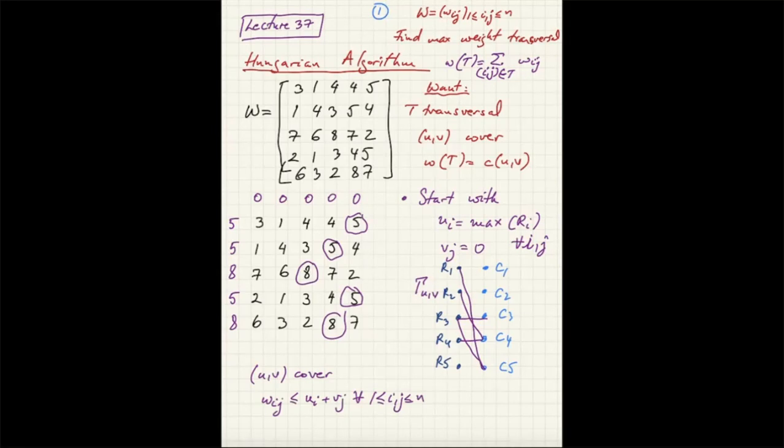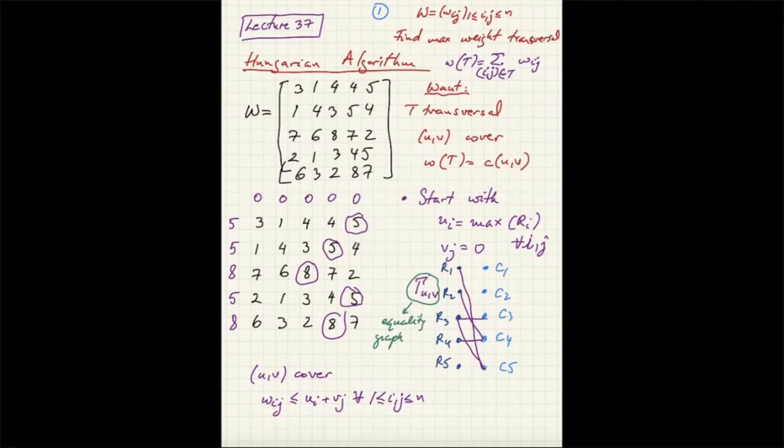Then we look at those entries where we actually have equality, and we form what is called the equality graph. This Gamma UV, let's call it the equality bipartite graph, is a bipartite graph which is 5 by 5.